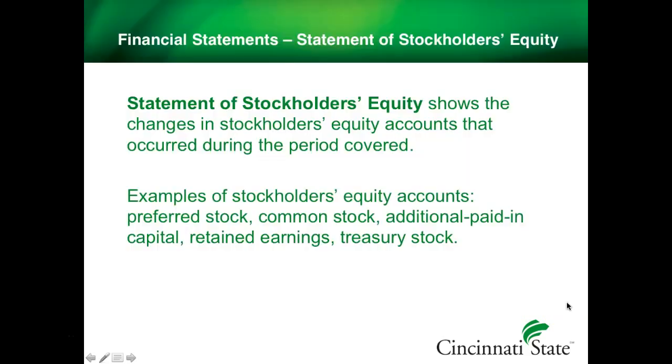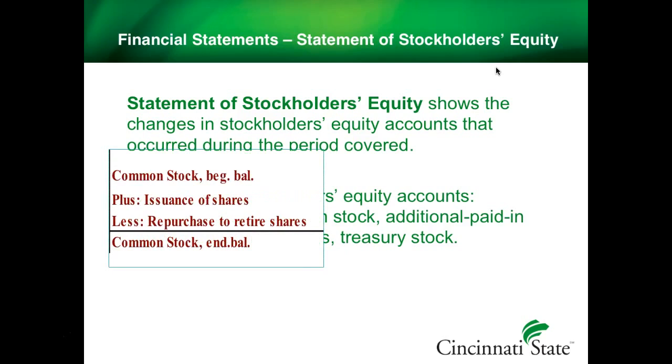The third financial statement is the statement of stockholders' equity, which shows the changes in stockholders' equity accounts that occurred during the period covered. Contributed capital is a major category of stockholders' equity, including all contributed amounts paid by shareholders for common and preferred stock.